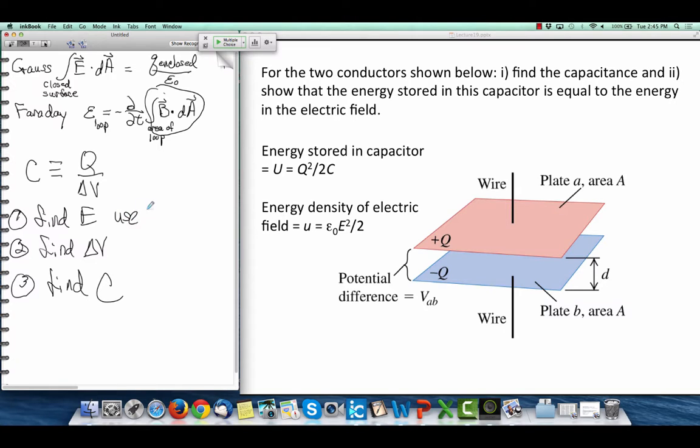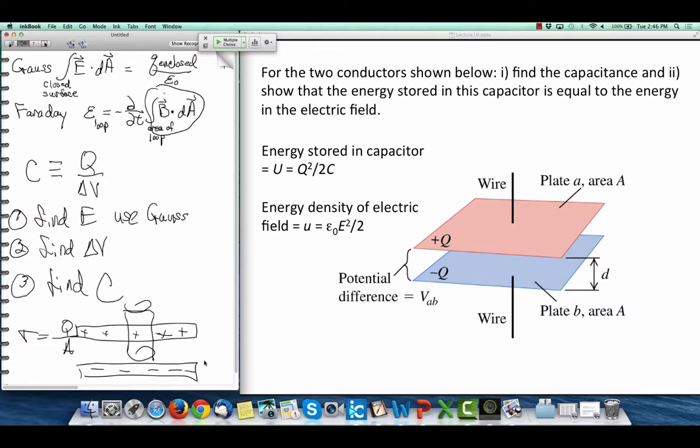In a lot of situations, use Gauss's law. In particular, for these two plates, say there's a total charge Q. Charge per unit area is the total charge divided by the area on the plate, Q over A. Down here is a negatively charged plate.